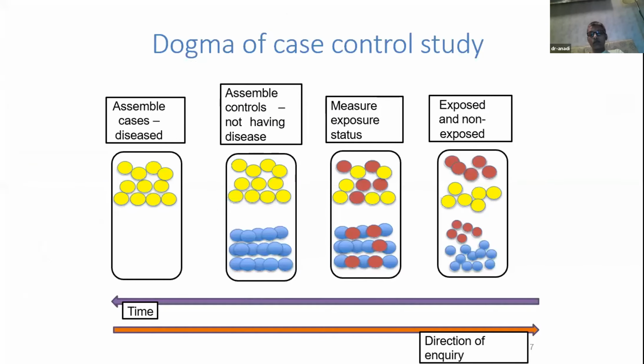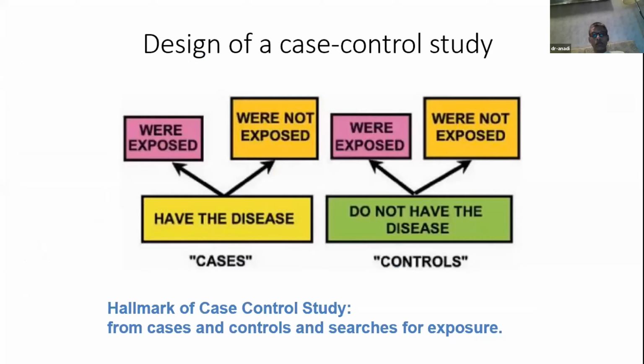You measure exposure status. You divide them into exposed and non-exposed, and you give a time, either backward or forward, and you follow the direction of inquiry. So what is the design? There are some cases, there are some controls.